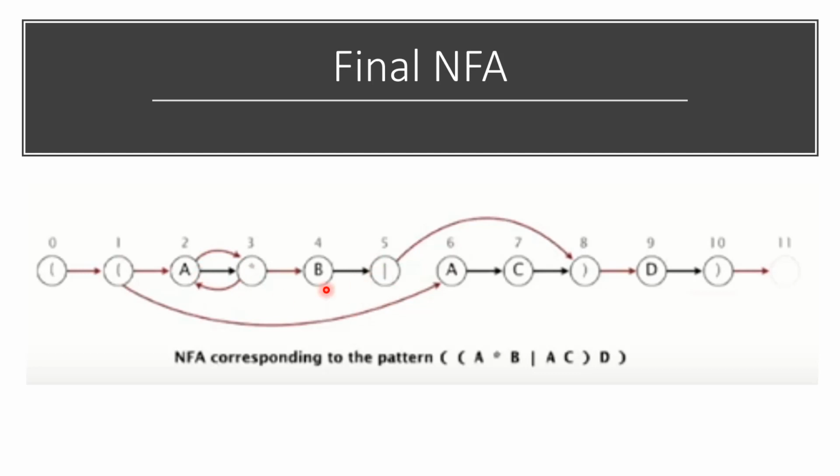Now the or means that either we take this expression or we take that expression. So that's indicated by 2 epsilon transitions. If we skip this expression completely, we will take a free transition into A and start processing from here. That would give us ACD. Or if you process A star B, then we will skip AC and go in this direction.